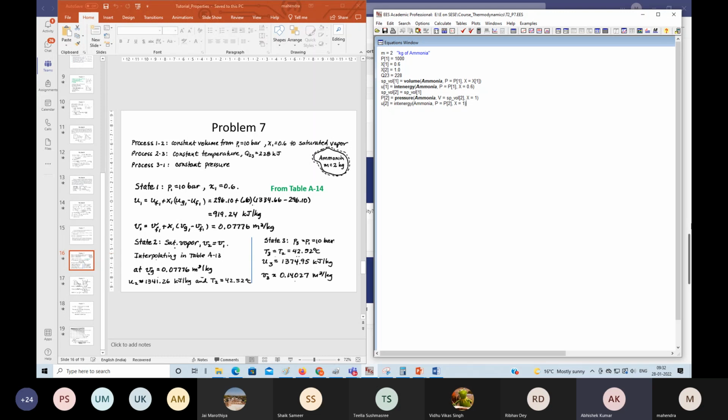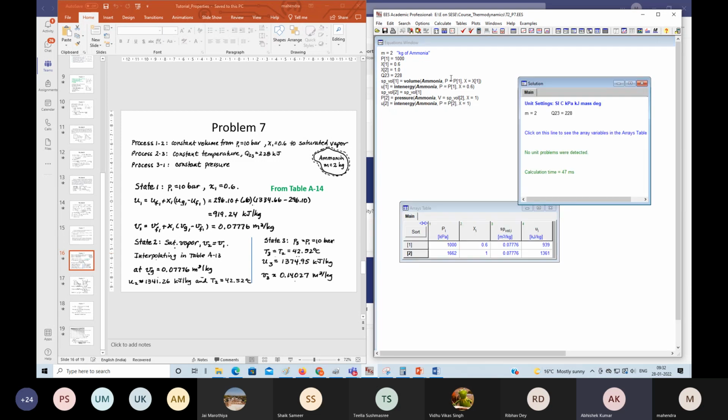Fine. Then yeah, so what is the internal energy over here? 1361. Yes. So is this matching? U2. Where is this U2? Yeah, U2. Okay, this is giving you 1341. Okay, here and there it is okay, fine. Okay.